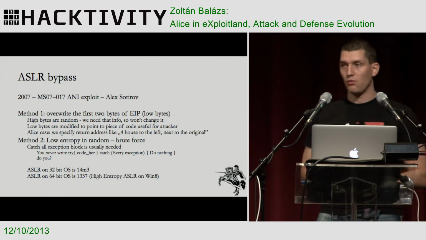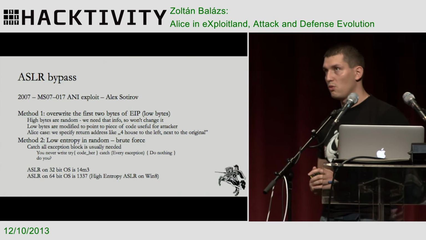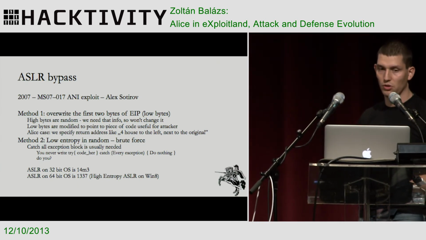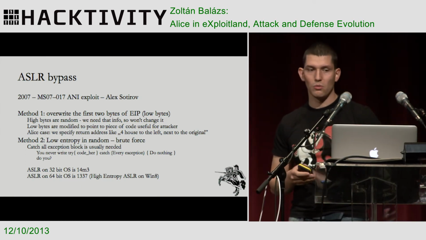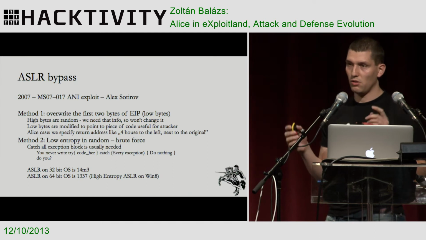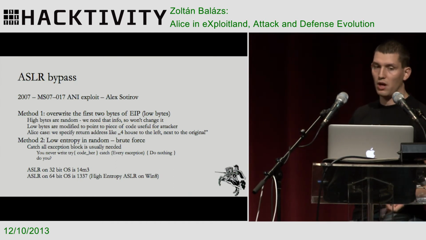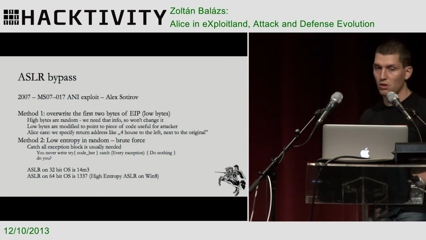The first bypass method is that you have to overwrite just the first 2 bytes of the extended instruction pointer. And this you can do because only the high bytes are random on 32-bit systems, and we need that random info in order to return.